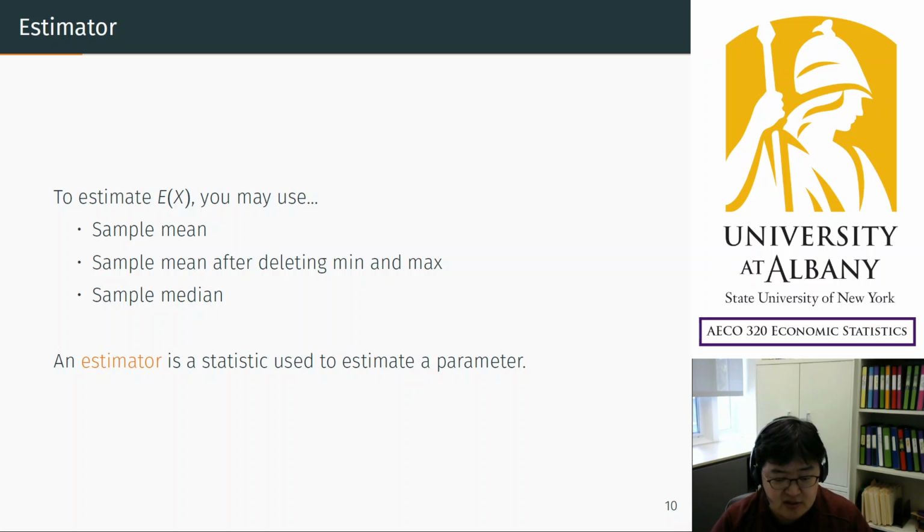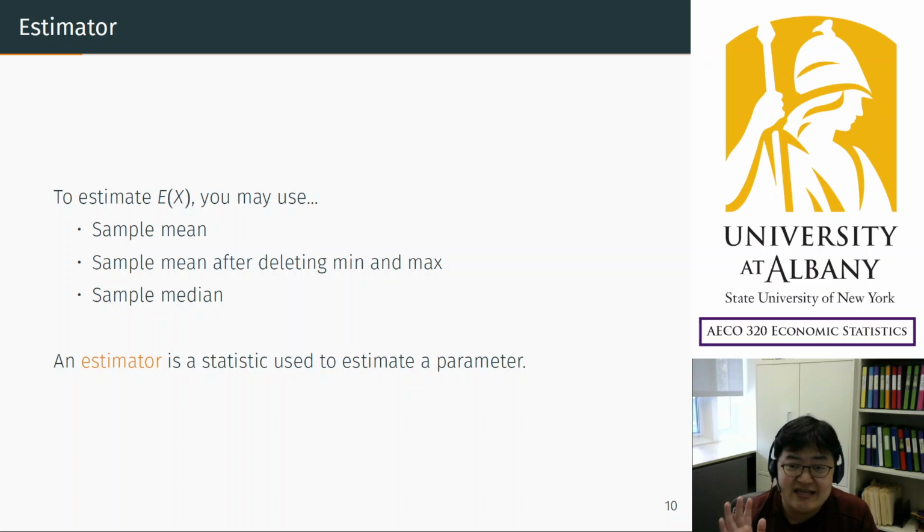In other words, whatever can answer the question can be your estimator. So for example, if someone asks me what is the mean gas price in Albany, then I can simply, without even looking at the data, say $4. There is no evidence. I just chose a random number. Or I could say $10 per gallon.